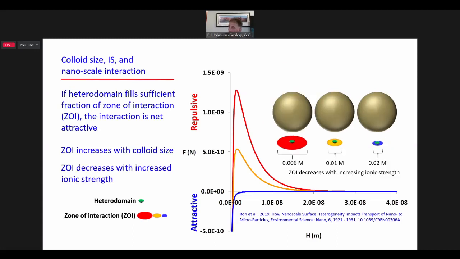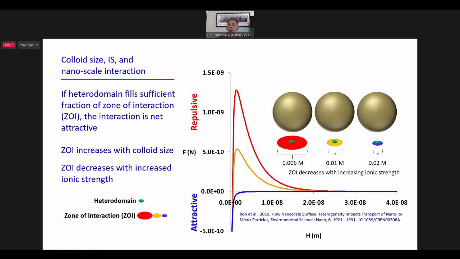Likewise, the ionic strength affects the zone of interaction. Not only does the size of the colloid drive the zone of interaction, but also the ionic strength through the Debye length. And so at low ionic strengths, the zone of interaction is quite large. Whereas at higher ionic strengths, the zone of interaction shrinks because the Debye length is shorter.